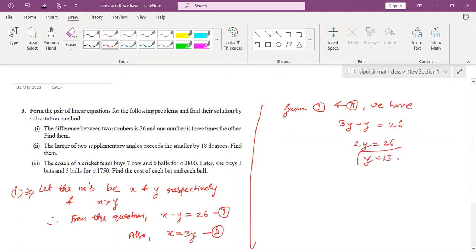Now we have the second number as 13, and therefore x is equal to what? 3 into 13. It is 3 times, right? 3 into 13. 13 3's are 39. Therefore the numbers are 13 and 39 respectively.